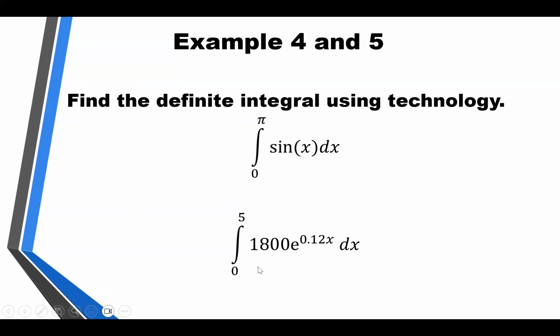I could have also used technology to compute this one. I could have integrated from 0 to 5, 1,800 e to the 0.12 times x dx.